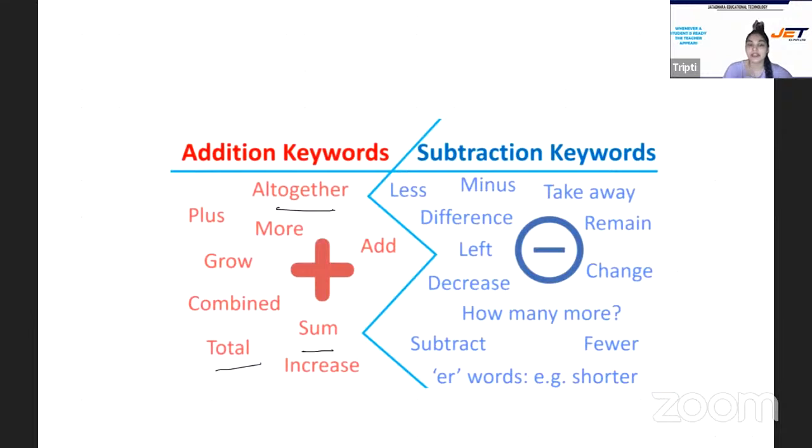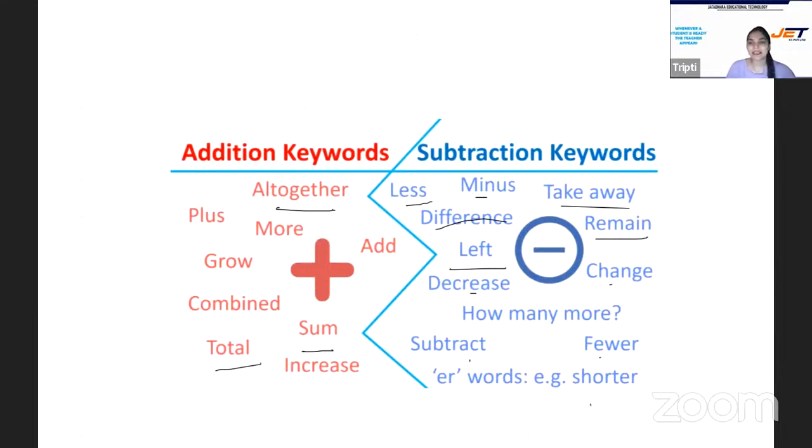But if I talk about subtraction, in word problems wherein you need to subtract, you will see words like take away, how many are remaining, how many candies are left over, what is the difference, decrease, change, how many more are required, or how many more does she have than what I have, subtract, fewer, and words like shorter. So these are some of the keywords.